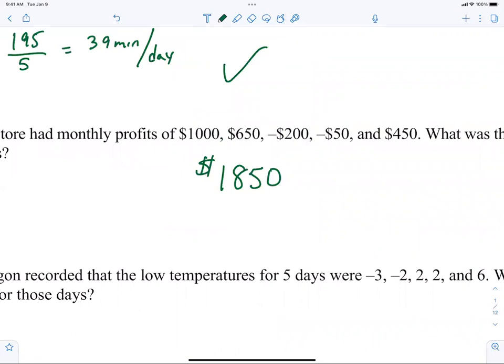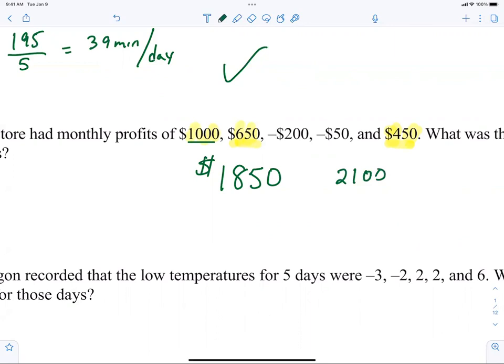So now, for me, I would have just taken the 1,000, the 650, and the 450 because those were all positive, right? So I would have said 600 plus 400 is 1,000. 50 plus 50 is 100. So that's 1,100 plus this 1,000 would be what? 2,100.